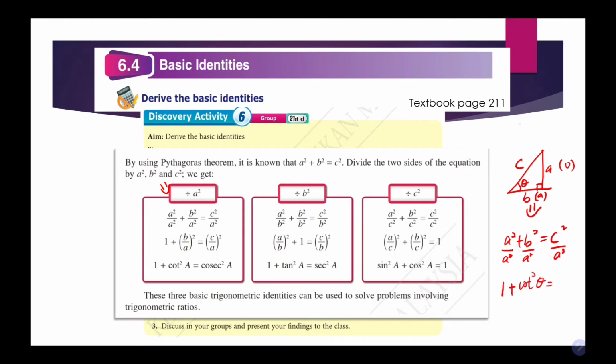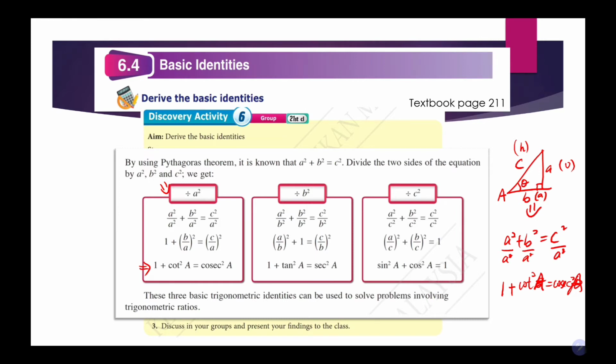And then c over a, which is hypotenuse over opposite, we have cosecant square of theta. This is how we get 1 plus cotangent square A. Oh yes, this is angle A, so we change it according to angle A. So we have 1 plus cotangent square A equals cosecant square A.